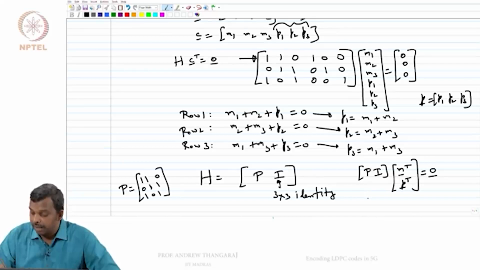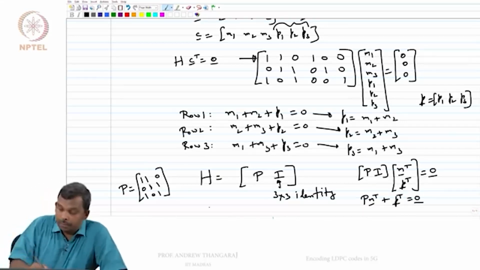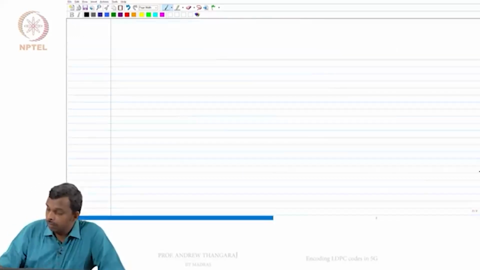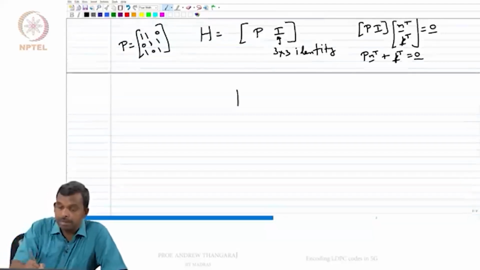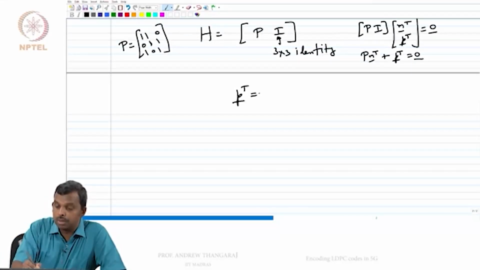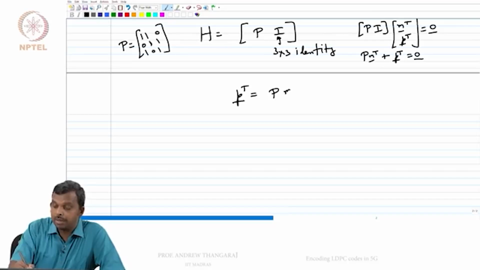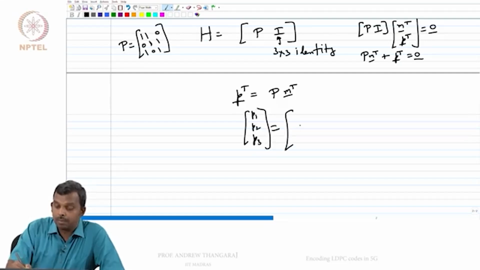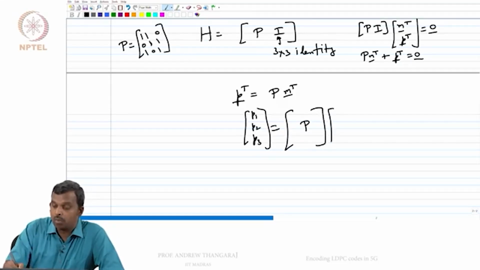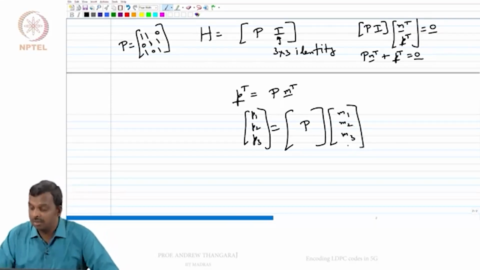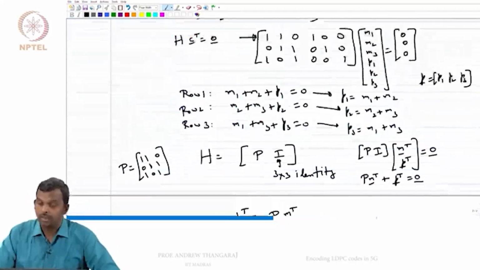You simply get P times M transpose plus P transpose is 0, and you can quickly see that the parity bits P transpose is obtained as P times M transpose. So in other words, if you want to write it differently, P1, P2, P3 is P times M1, M2, M3. Okay. So this is just another way of writing it. It's all the same thing written in different ways.